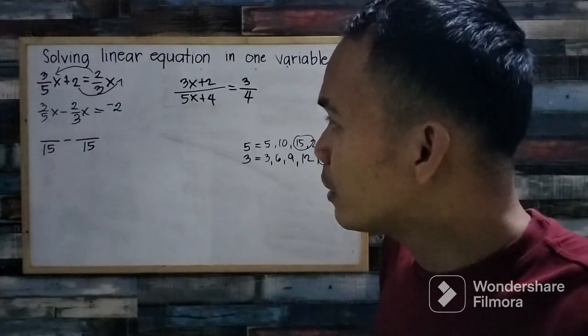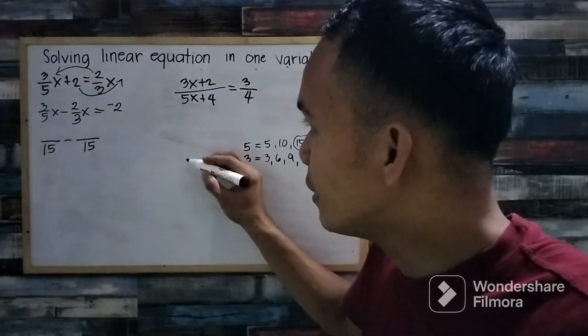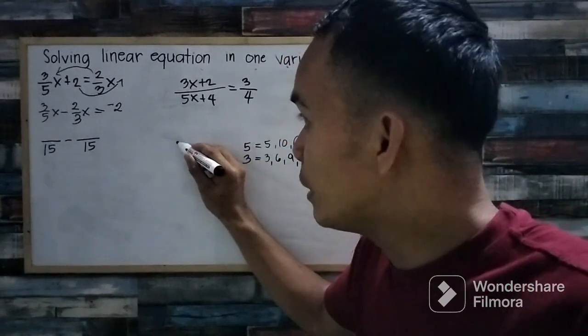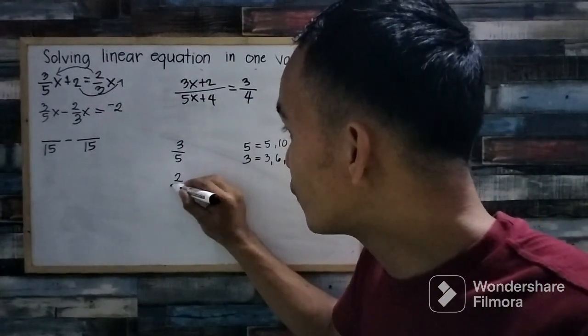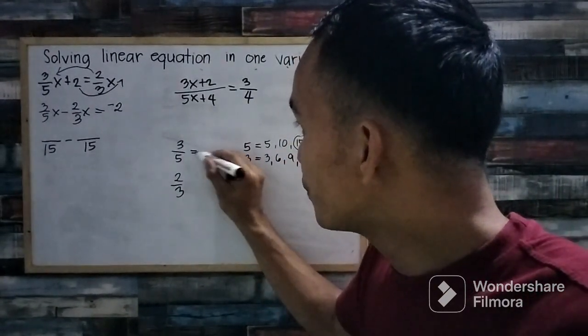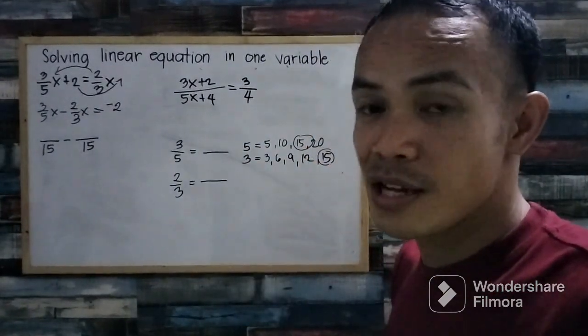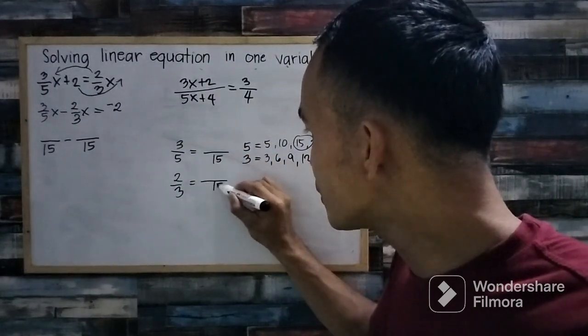If you already found the LCD, this is what you will do. I'll copy it here so it's easier to understand. We have 3 over 5 and the other one is 2 over 3. We make two fraction bars and put 15 in the denominators.